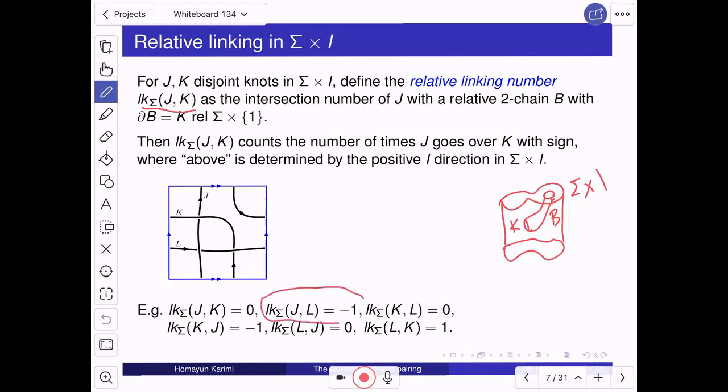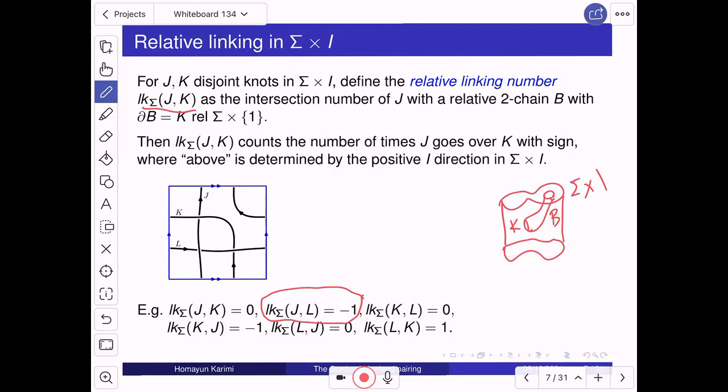For example, I highlight this one. If you look at J and L, so J and L are disjoint knots inside the surface, and you see that J goes over L only once with negative sign. So the linking number is -1.